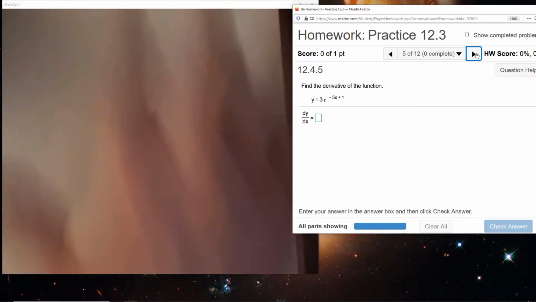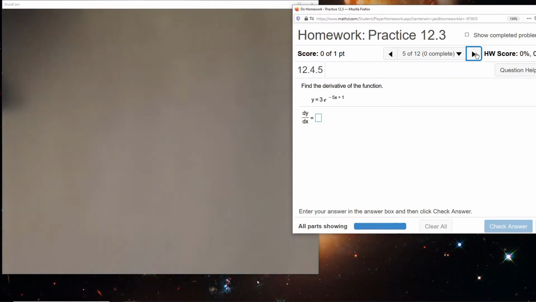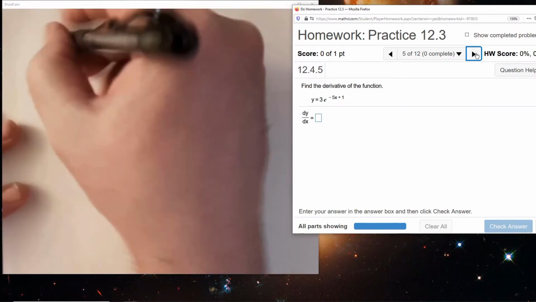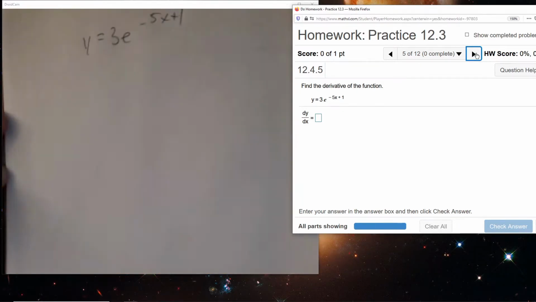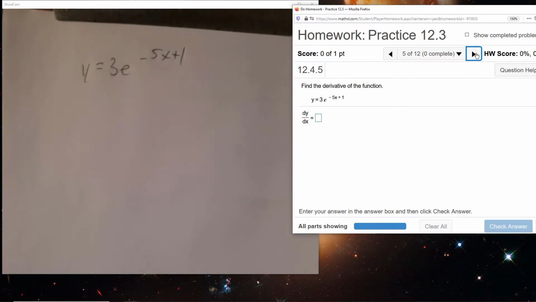So we got another exponential function here. And again, try to notice what's happening here. We have a power function going inside an exponential function.